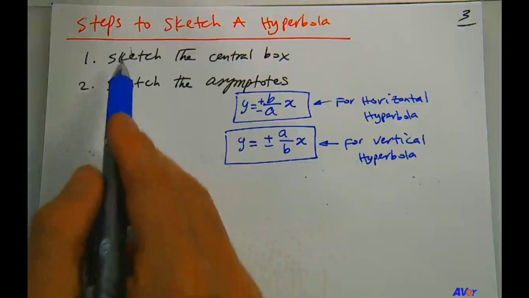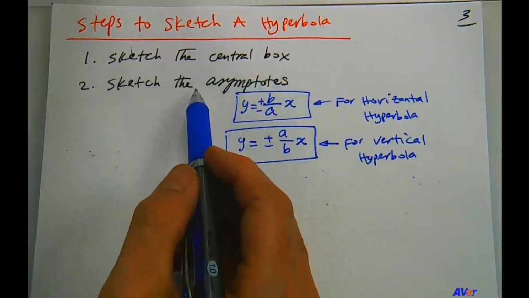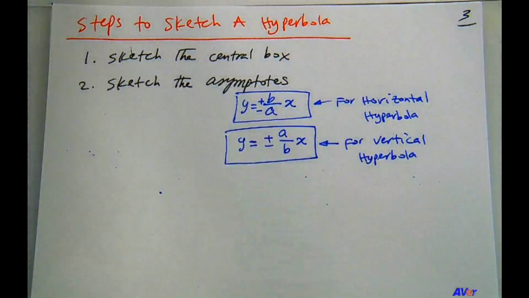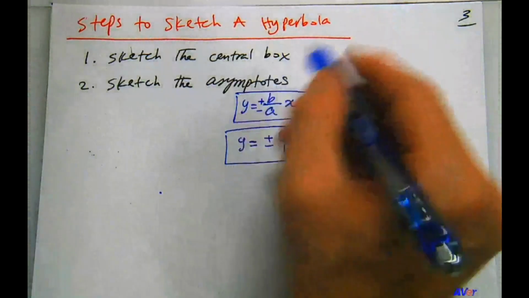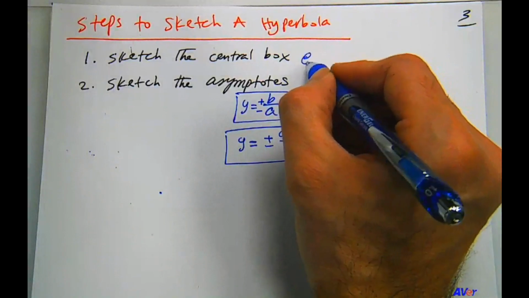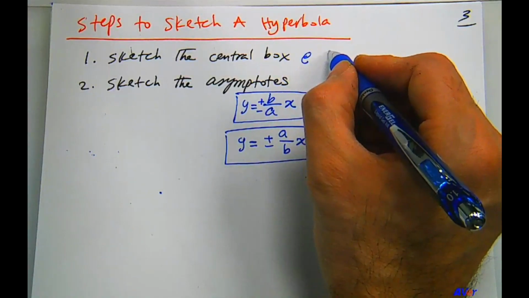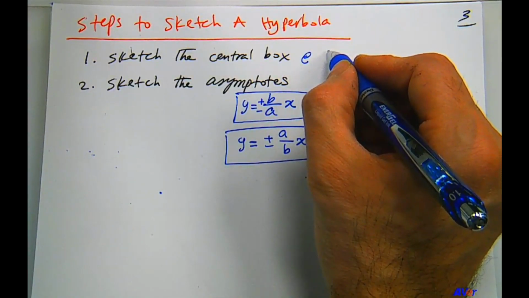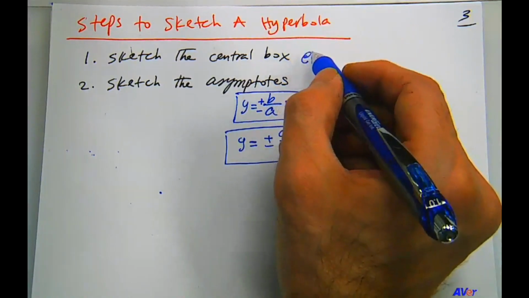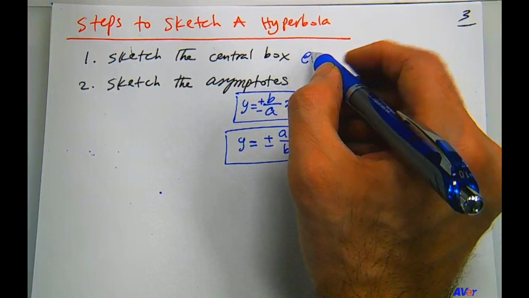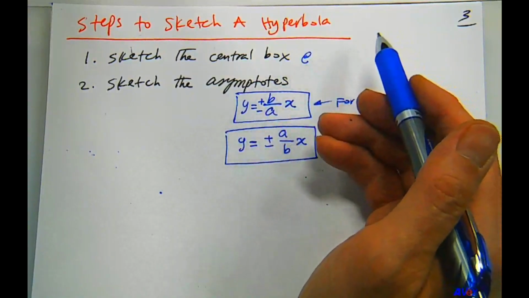Okay, so sketch the central box. I should say something about that. The central box would be at these locations, depending on where the vertices are.